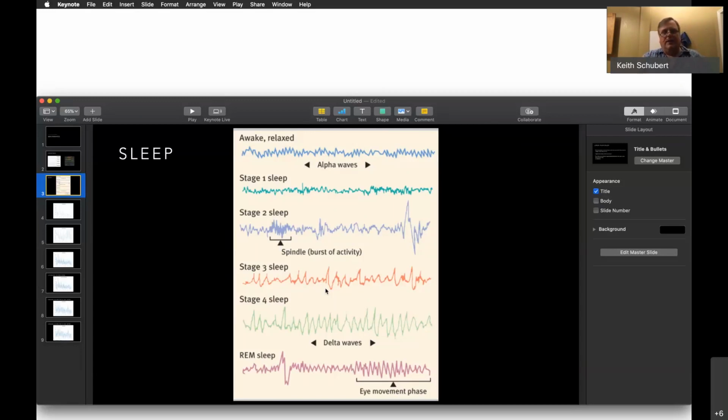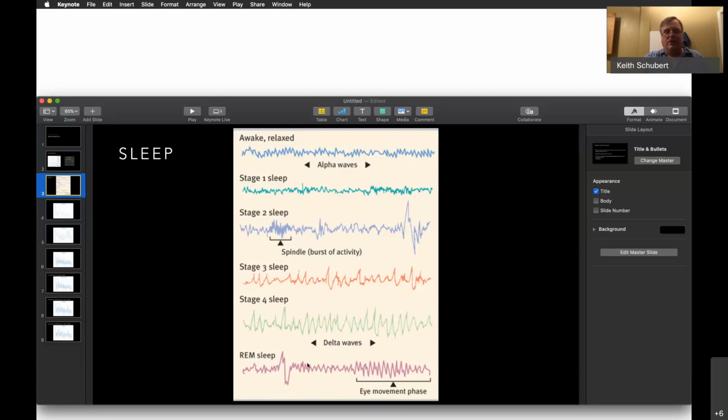And then every now and then out of this, your body will pick up again. You can see another K complex in here associated with keeping you asleep, because we're going to move into a theta wave period. That's where REM, rapid eye movement phase, goes on.